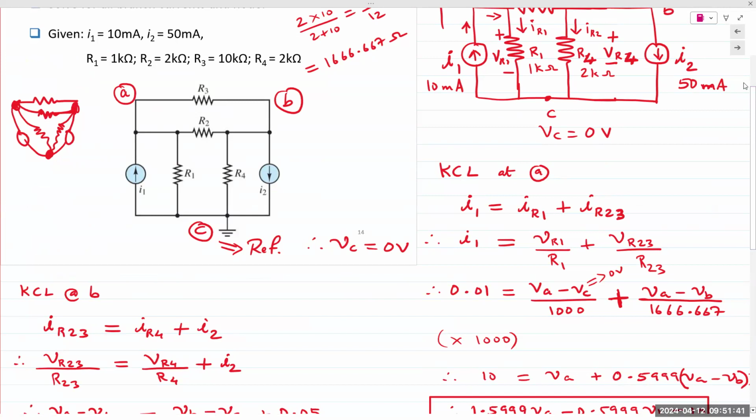Our direction that we chose is that B is higher than C. So we still stick with that assumption. If you change that assumption, then your resistor voltage will turn out to be incorrect.